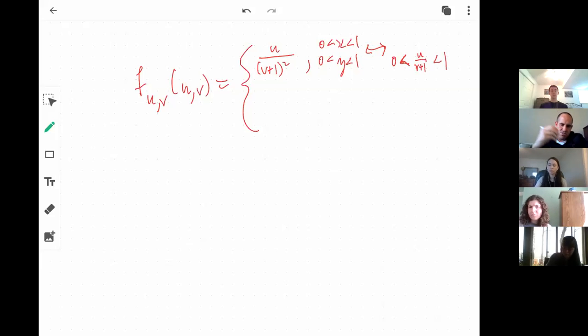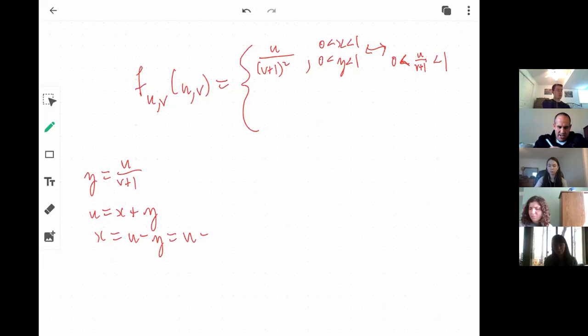And what about X? Because Y is equal to U over V plus 1, and U is equal to X plus Y, that means X is equal to U minus Y, which is U minus U over V plus 1. We could simplify that. That would be U times the quantity V plus 1 minus U over V plus 1.